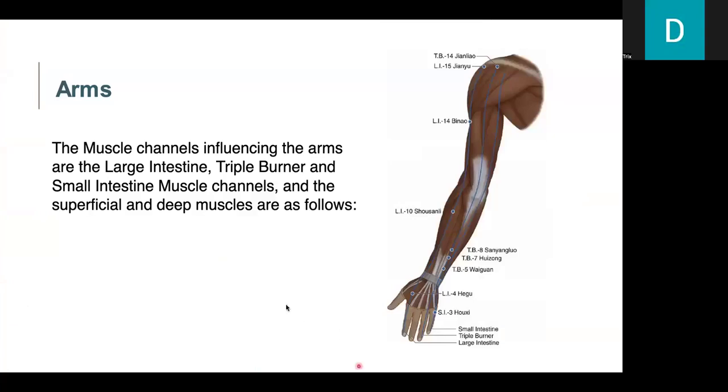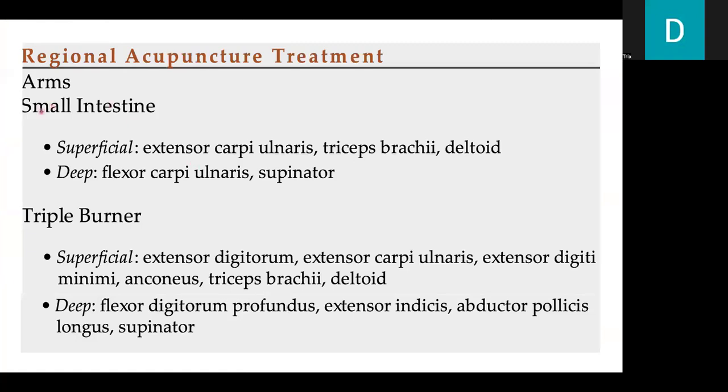The regional acupuncture treatment for arms, the small intestine, if it's superficial, it's in the extensor carpi ulnaris, triceps brachii, and deltoid. For deep, it's in the flexor carpi ulnaris and supinator. Next is the triple burner.